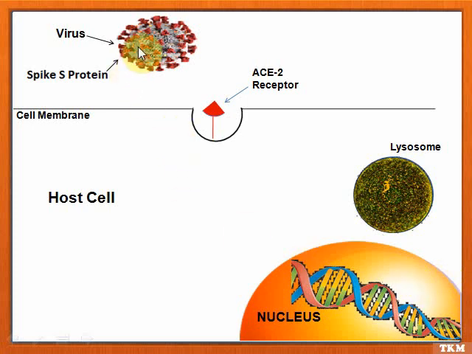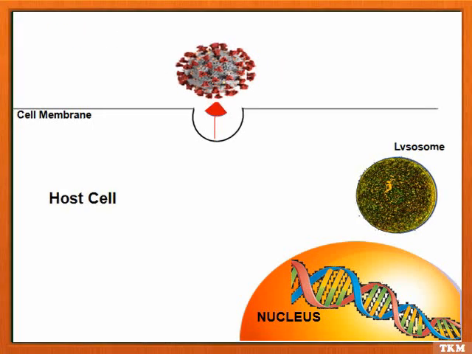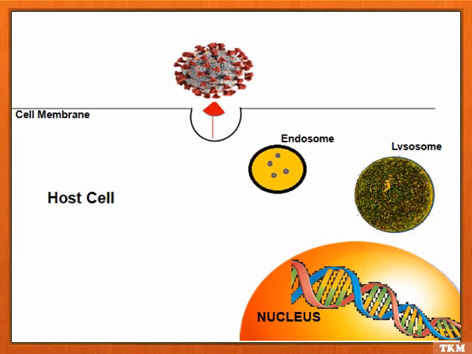The virus contains spike S proteins on its surface that help it to bind to ACE2 receptors. So with the help of the spike S protein, the virus comes and binds to this ACE2 receptor on the surface of the host cell. Once the virus binds to this ACE2 receptor, it enters the cell through endocytosis, forming an endosome.